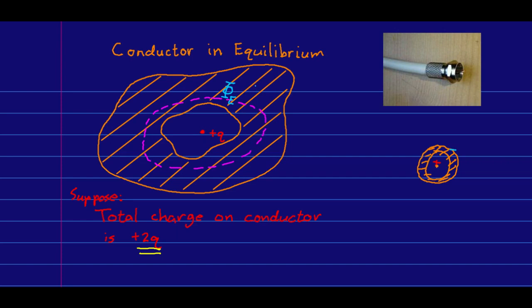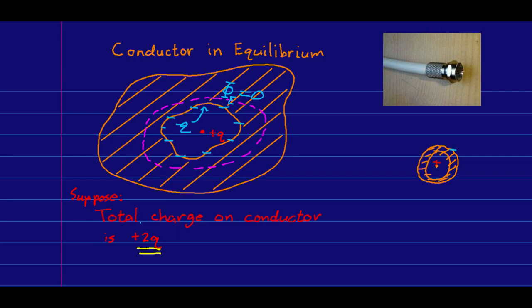And so because the flux is zero, we know the total charge inside this surface is zero, but there's a plus Q here. That means there must be minus Q somewhere. Well, it can't be inside the material of the conductor, and so the only place it can be is on the inside surface of the conductor. And so there must be a total charge negative Q on the inside surface of the conductor.